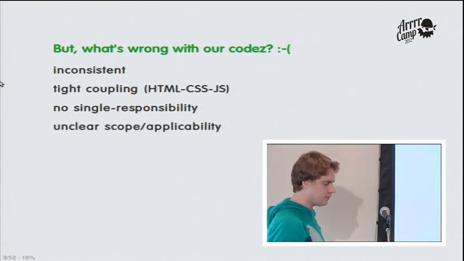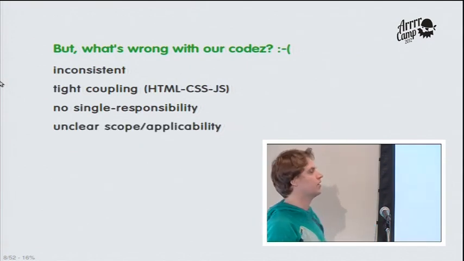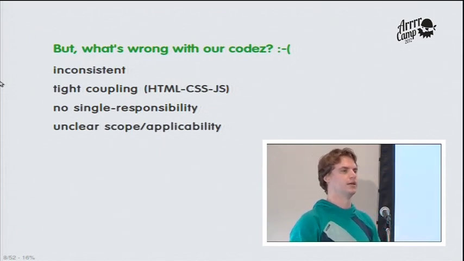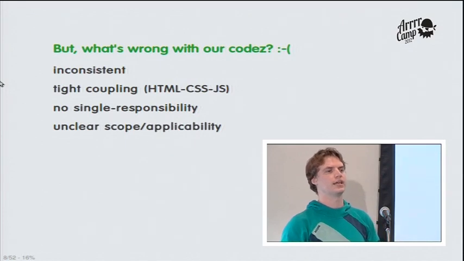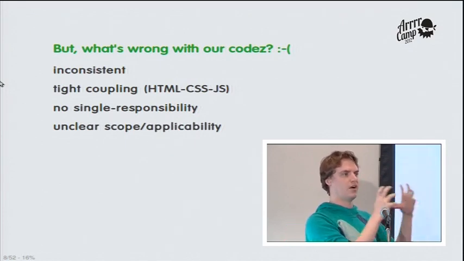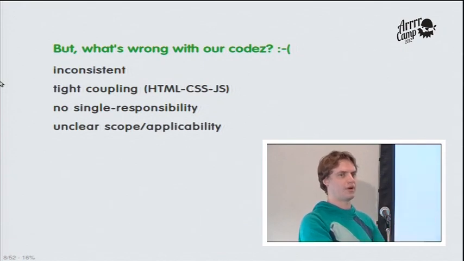And the last thing is that I think there's often very unclear scope or applicability or responsibility. If you want to change something in your application, it's not obvious at all where you have to go in the front-end code to make that change.